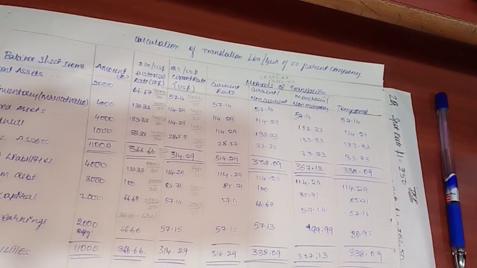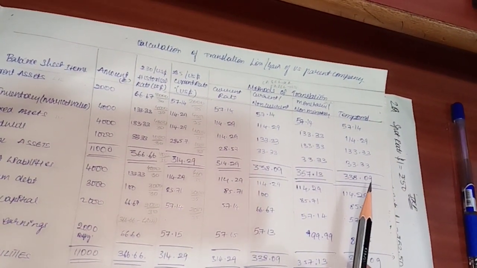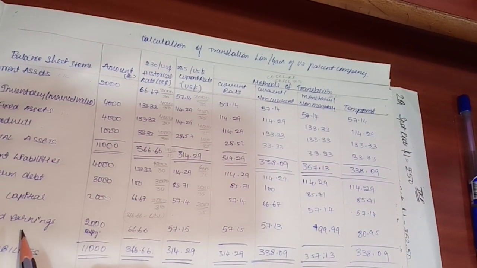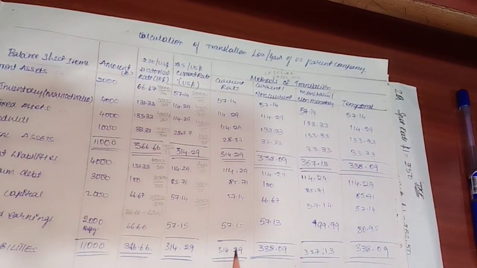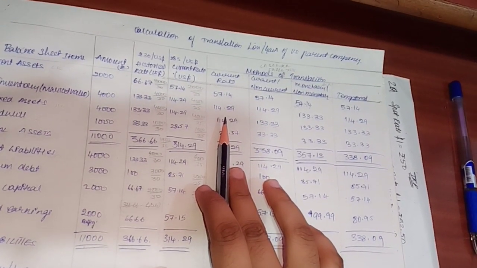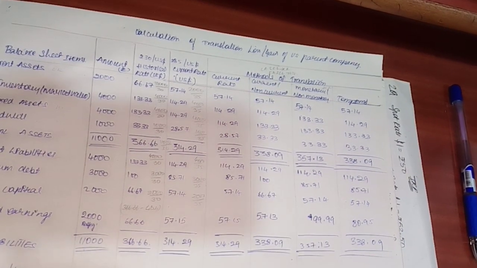Once again I am repeating, current rate. All the current liabilities, all the items of a balance sheet and income statements are recorded at current rate, same. Current and non-current: current items are recorded at current rate, non-current items are recorded at historical rate.